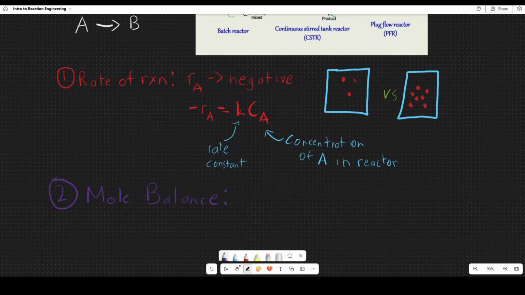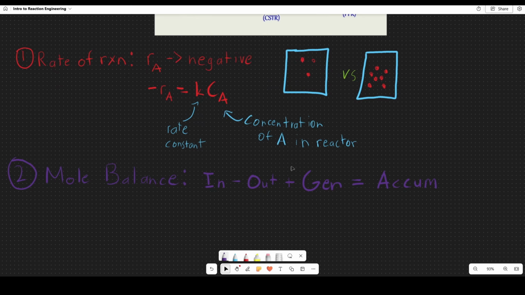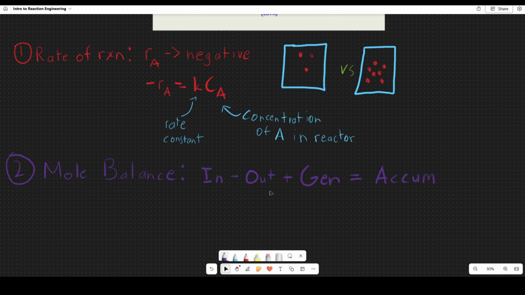In minus out plus generation equals accumulation is basically the hallmark of any chemical engineering class. This is the basic principle of mole conservation or mass conservation, however you want to talk about it. This is the modeling in any chemical engineering class, whether it's mass transport or heat transfer or anything, and it's the same even in reaction engineering.